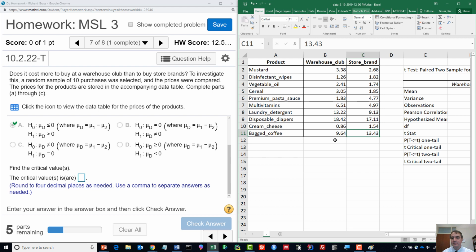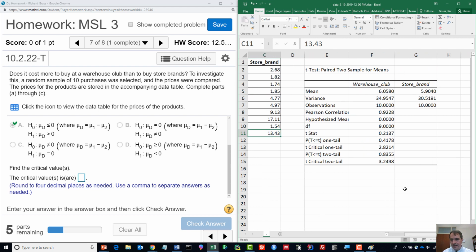Here's the output from the paired samples t-test, and I have something called t-critical one-tail. This is the critical value for a t-test with a right tail rejection region.